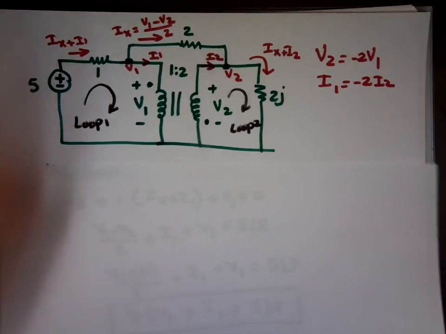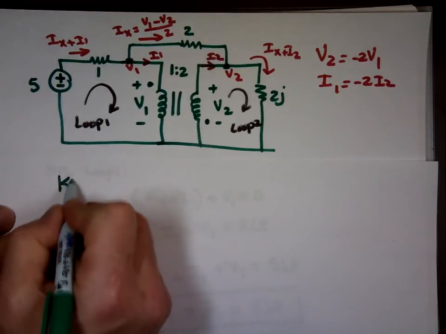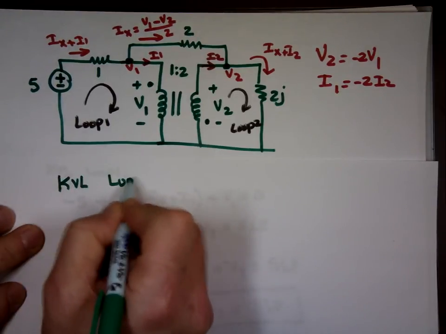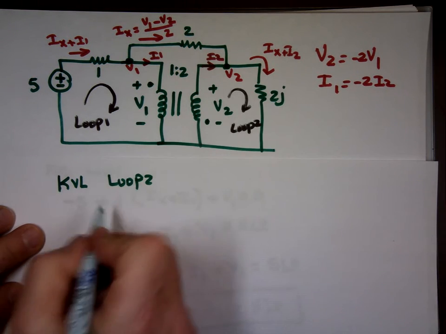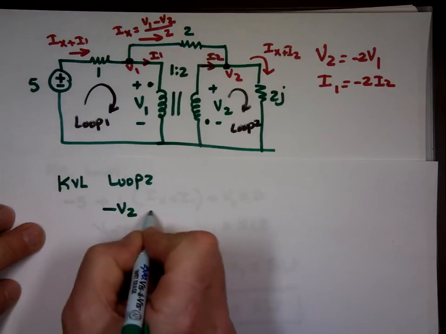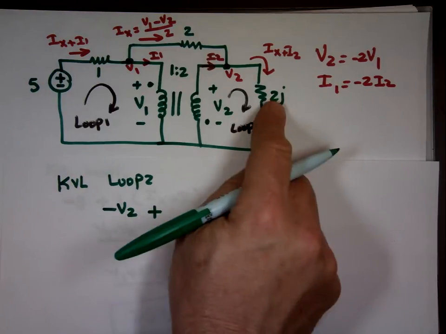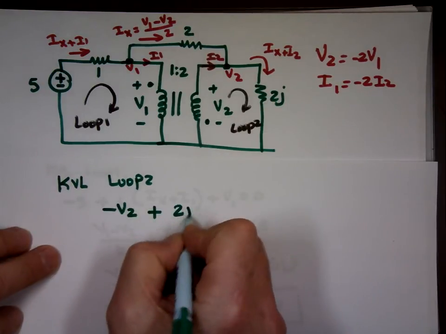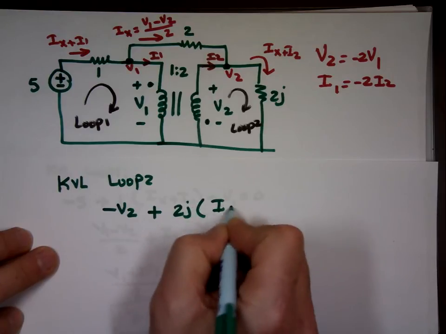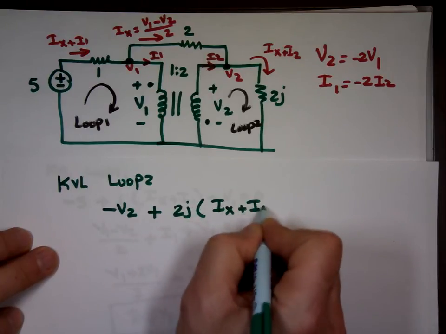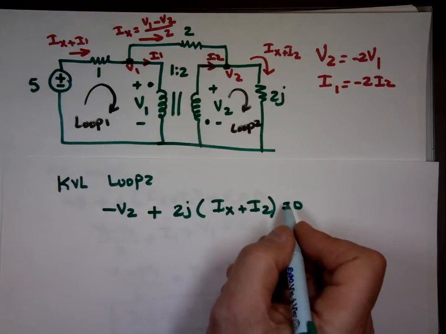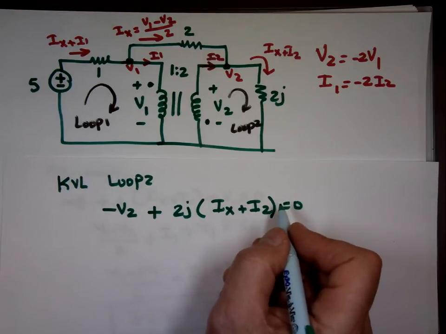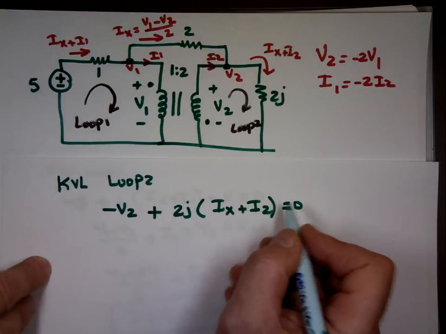KVL, loop 2. Let's go right there. Minus V2 plus 2j times I sub x plus I sub 2. I know V2 is equal to what? Negative 2 V1.